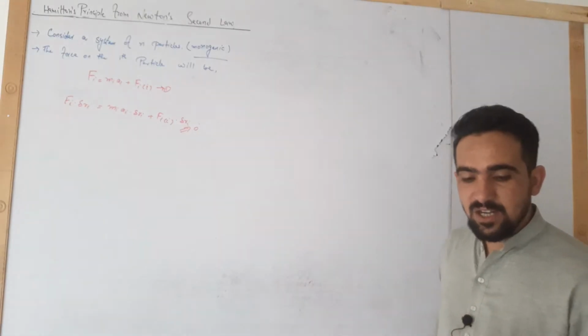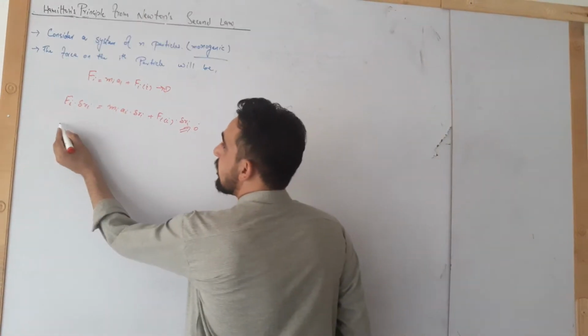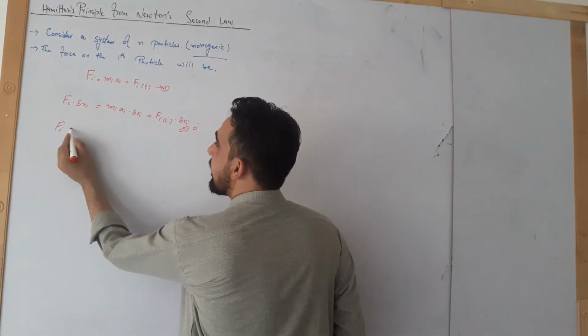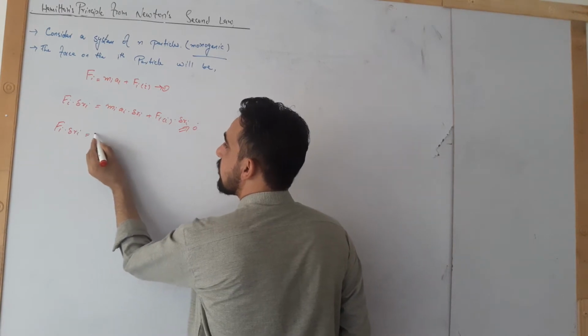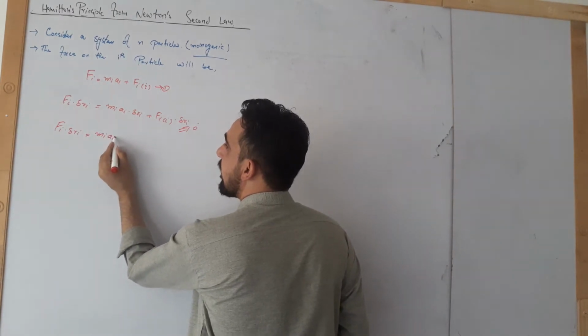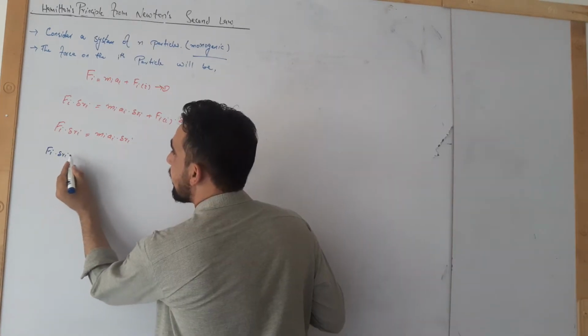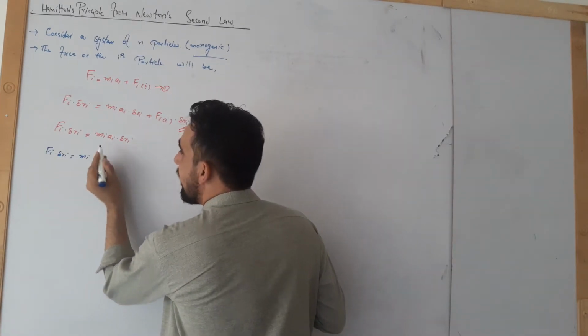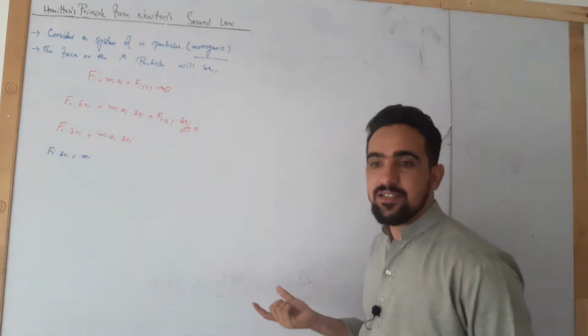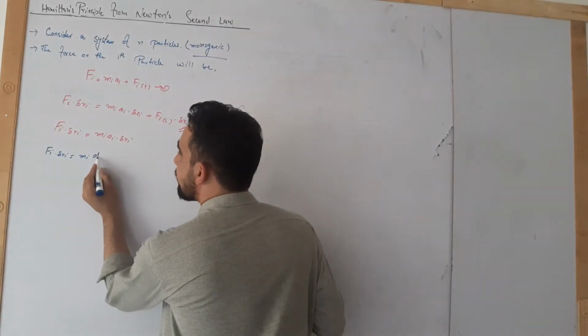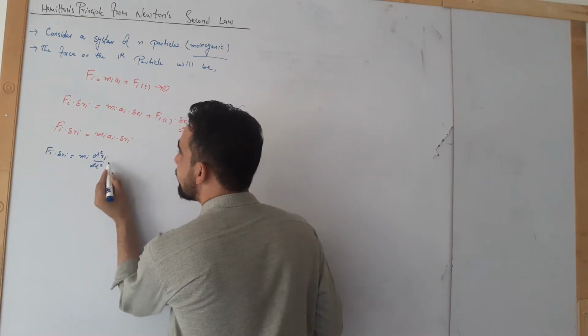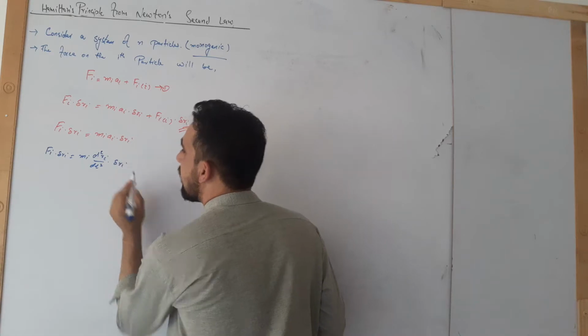So we are just left with Fi dot del Ri is equal to Mi Ai dot del Ri. Acceleration is the second derivative of position, so this is Mi d square Ri over dt square dot del Ri.